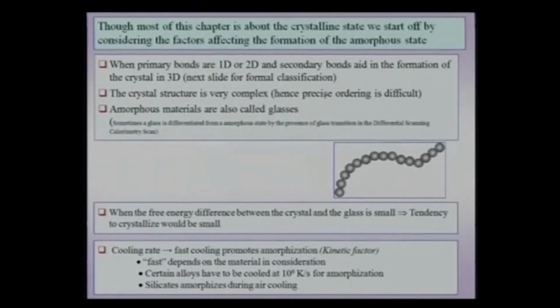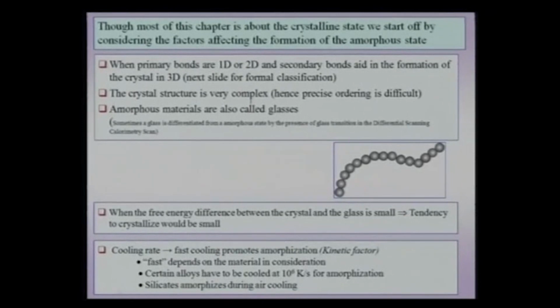When primary bonds are one dimensional or two dimensional and secondary bonds aid in the formation of the crystal, this kind of condition is preferred for the amorphous state. And if a crystal structure is very complex, which means that precise ordering is very difficult, again you would tend to form an amorphous structure.